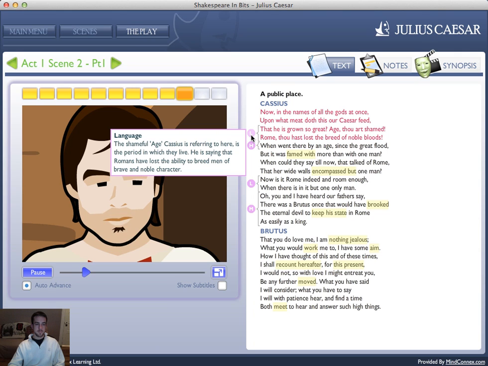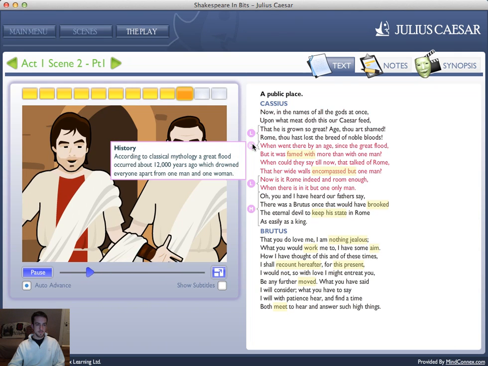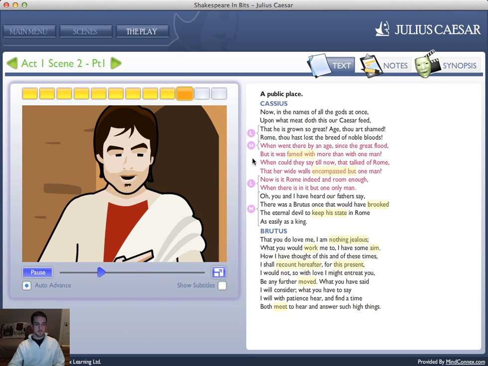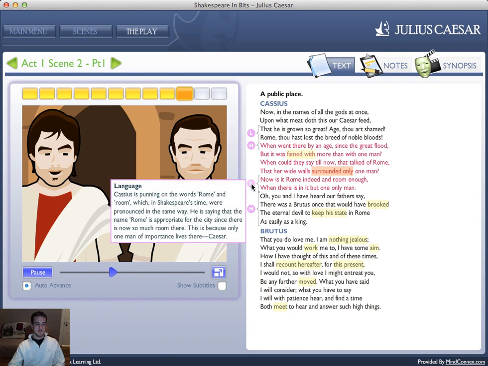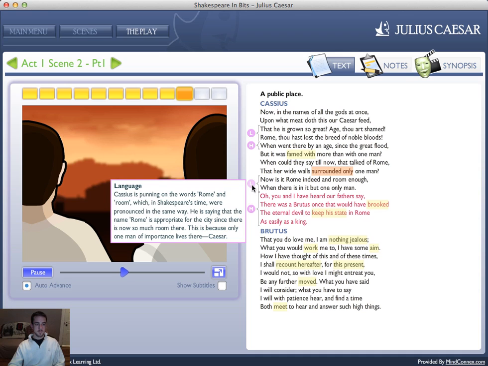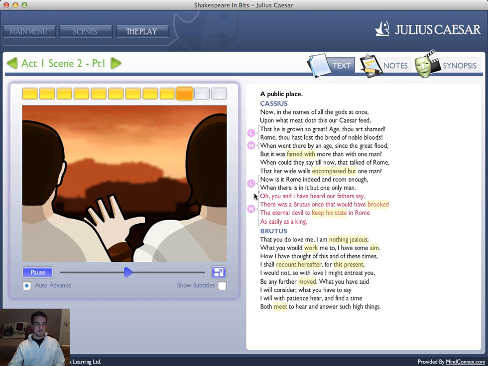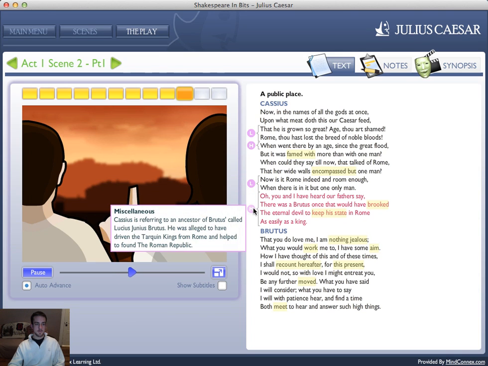Rome, thou hast lost the breed of noble bloods. When went there by an age since the great flood, but it was famed with more than with one man? When could they say, till now, that talked of Rome, that her wide walks encompassed but one man? Now is it Rome indeed, and room enough, when there is in it but one only man. Oh, you and I have heard our fathers say, there was a Brutus once, that would have brooked the eternal devil to keep his state in Rome as easily as a king.